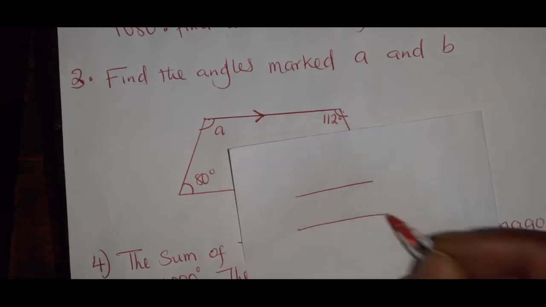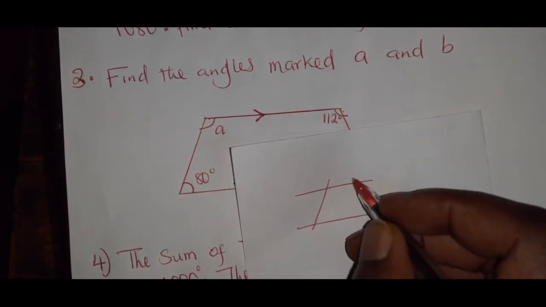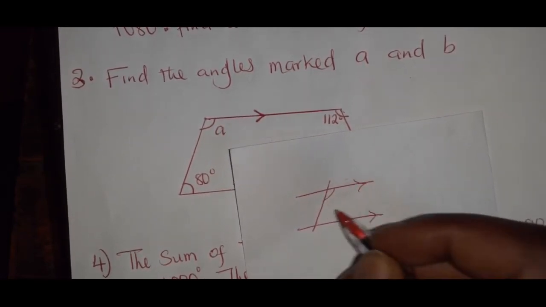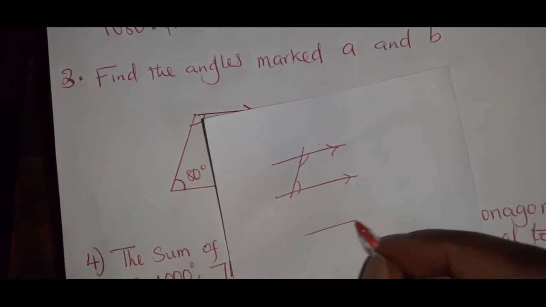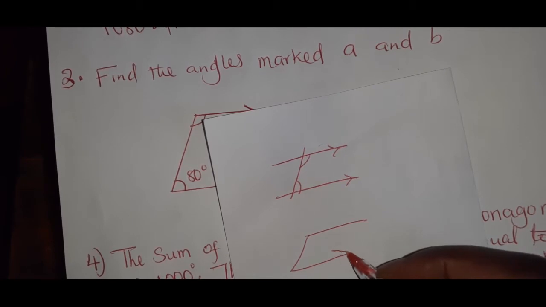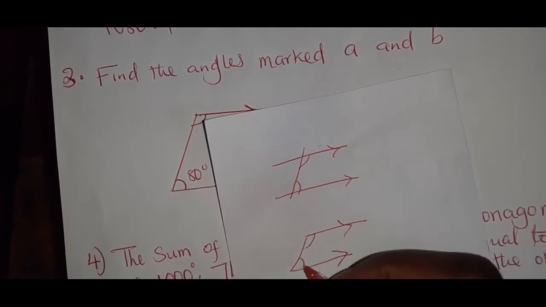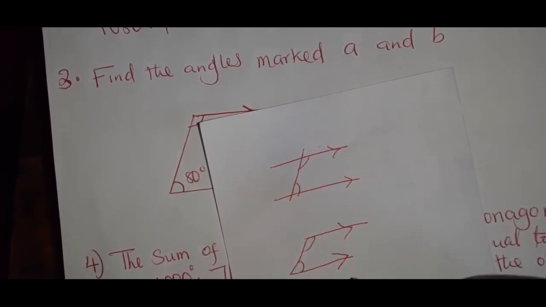We said if this line is parallel to this one, this angle and this one give us 180. It's the same here. This line is parallel to this one, so this angle and this one add up to 180. They are allied angles.